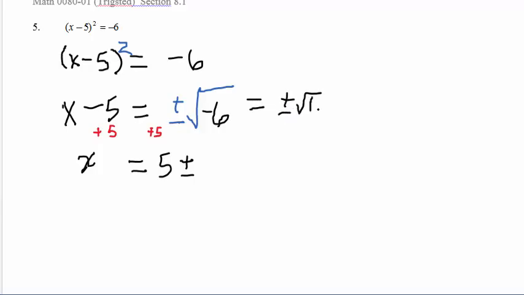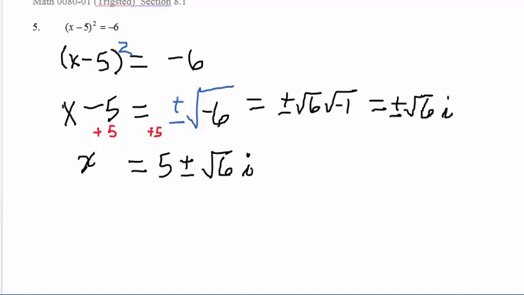That's the square root of 6 times the square root of negative 1. You cannot simplify the square root of 6, so that's plus or minus the square root of 6 i. So this is x equals 5 plus or minus the square root of 6 i. And make sure that the i is not under the radical.